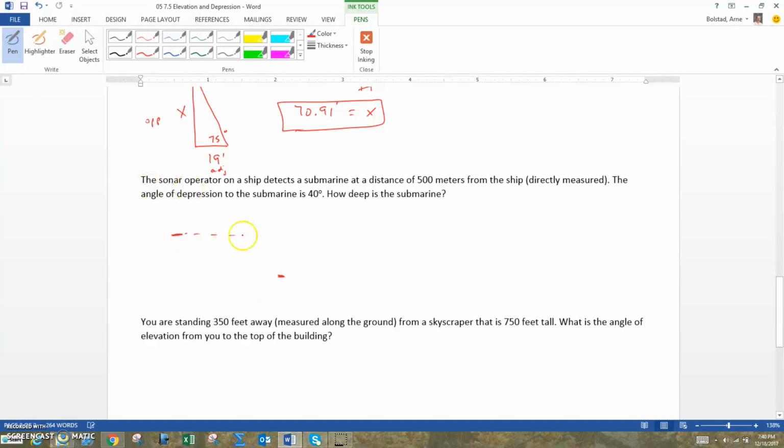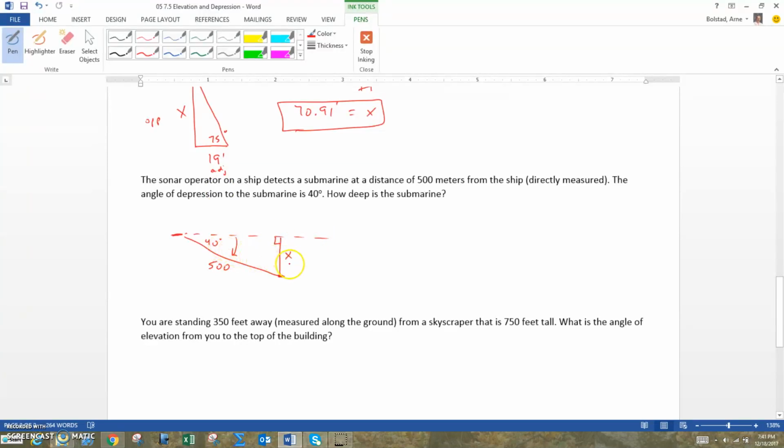Again, the ship is looking straight ahead. The angle of depression, because it's coming down, is going to be that 40 degrees. We know that the distance from the ship to the sub is 500 feet. We want to know how deep the sub is. Again, we have our right angle there.